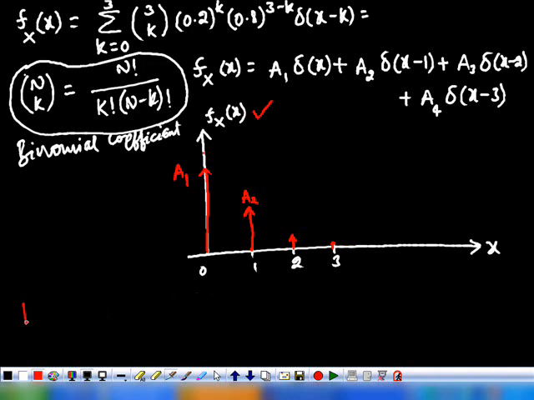Similarly, do one thing. You plot this. See, we know this. How can you plot this? You take the integral of this. Then what you will get? A1 u of x, A2 u of x minus 1, A3 u of x minus 2, plus A4 u of x minus 3. Then you can easily plot it. You try it.